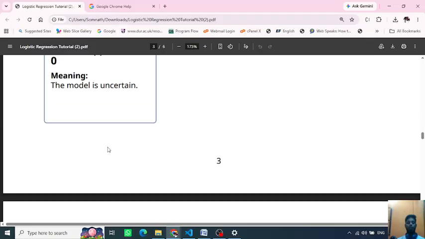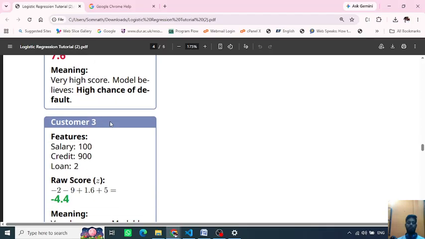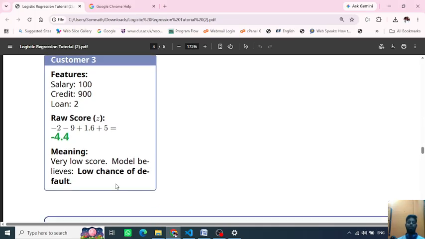The previous value was 0 and for customer 2 it is 7.6. Again calculate for customer 3. The salary is 100k, credit is 900 and loan is 2 lakhs. For this customer the raw score is minus 4.4. It is a negative value, which means a low chance of default.